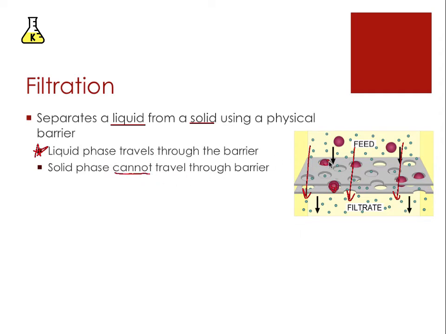These larger particles are getting trapped in the actual paper itself. The end result is that the liquid travels through and the solid stays on top of the filter. If you've ever made your own coffee from coffee grounds before, as opposed to a Keurig, you've seen this process happen. This separation method has its limitations. It only really works when you're dealing with heterogeneous mixtures.